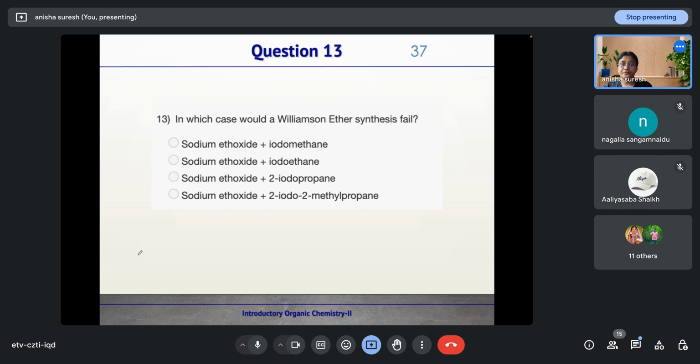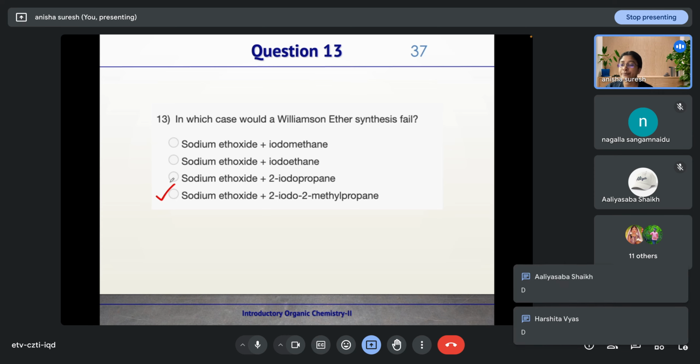Now coming to the 13th question. In which case would a Williamson ether synthesis fail? So we have sodium methoxide, and it is treated with iodomethane, iodoethane, 2-iodopropane and 2-iodo-2-methylpropane. In which of these cases will Williamson ether synthesis fail? What could be the reason?